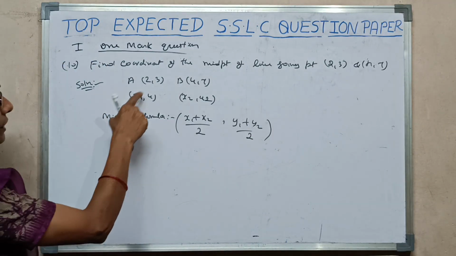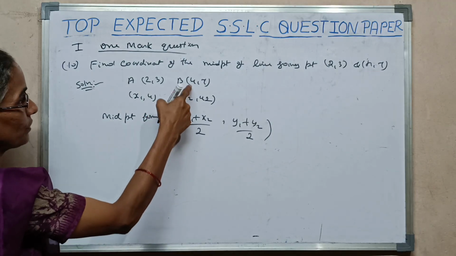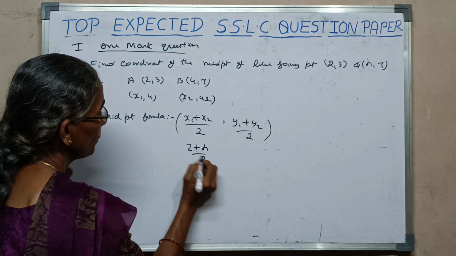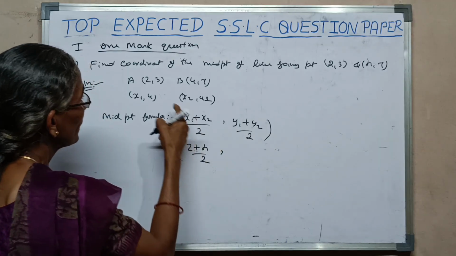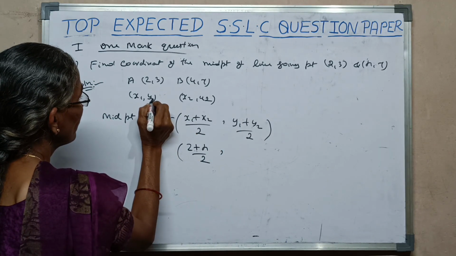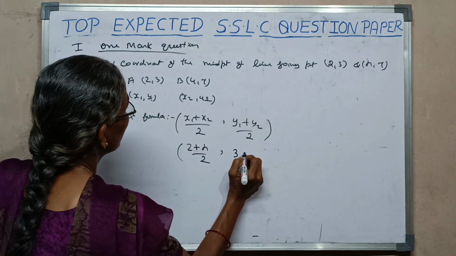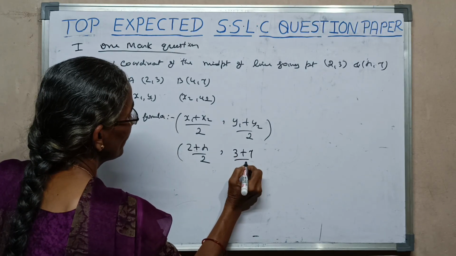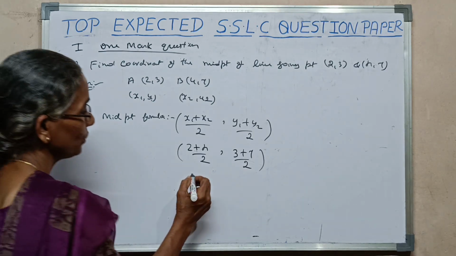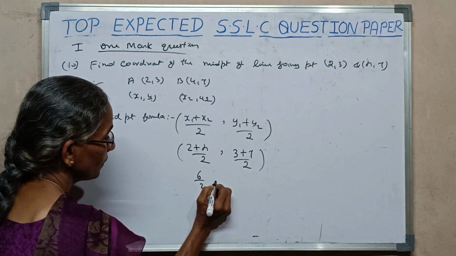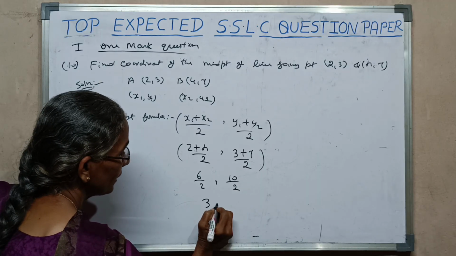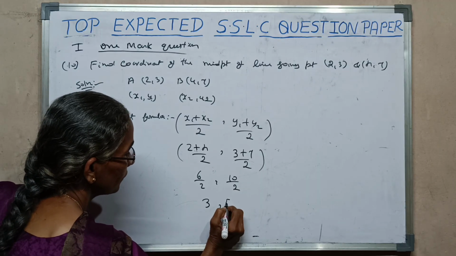So x1 is 2, x2 is 4: (2 plus 4) divided by 2, comma y1 is 3, y2 is 7: (3 plus 7) divided by 2. 2 plus 4 is 6 by 2, comma 10 divided by 2. It is (3, 5).